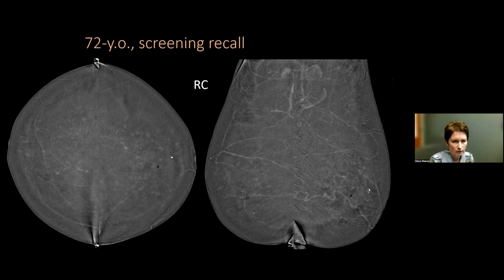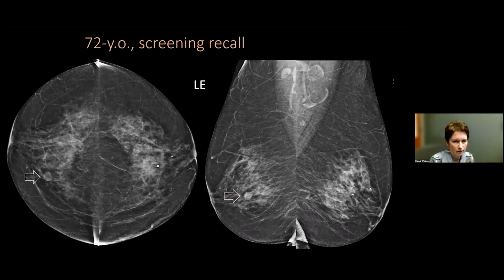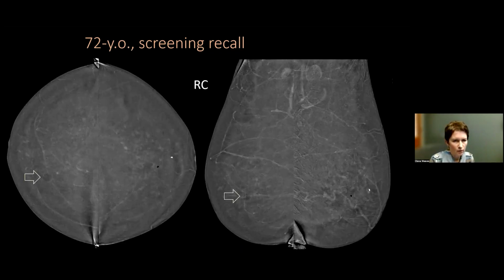But take a look. Remember this is the mass on the right, and take a look at the recombined image. There is a very well circumscribed, round, uniformly dark mass with a very thin and uniform rim of enhancement. This is a classic sign of a benign cyst called the eclipse sign, and it's pathognomonic for a cyst.